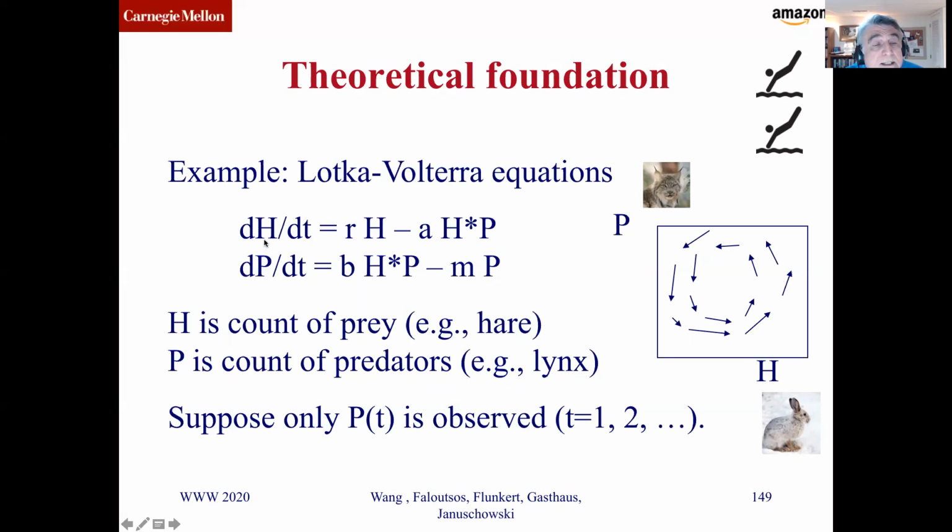What this says is that the increment in the hare population depends on the hare population now and the reproductive rate, how many rabbits are being generated by a pair of rabbits. But this is reduced by how many rabbits encounter a predator, lynx, and the probability that the rabbit will not escape, will not evade the predator, right?